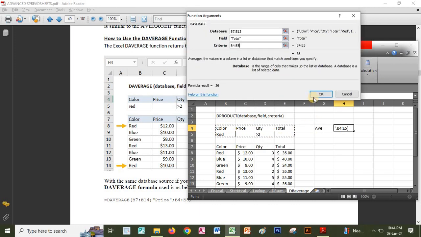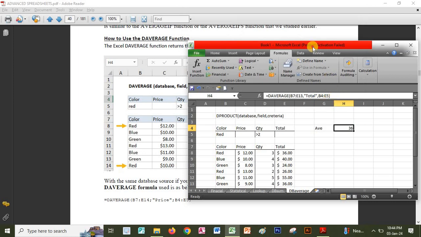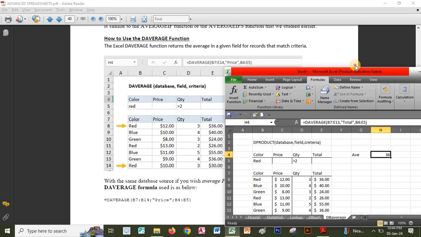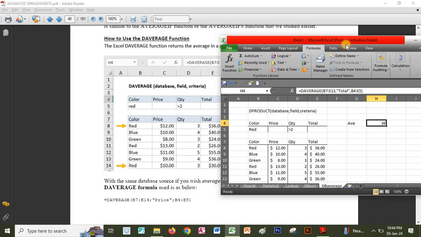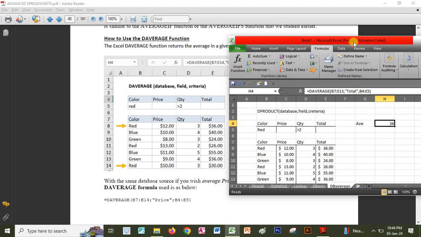So if you look here, should it get us 36 and 36? Well, did we have the ones that are red and they are greater than 2? How many are they? 36 and 30.